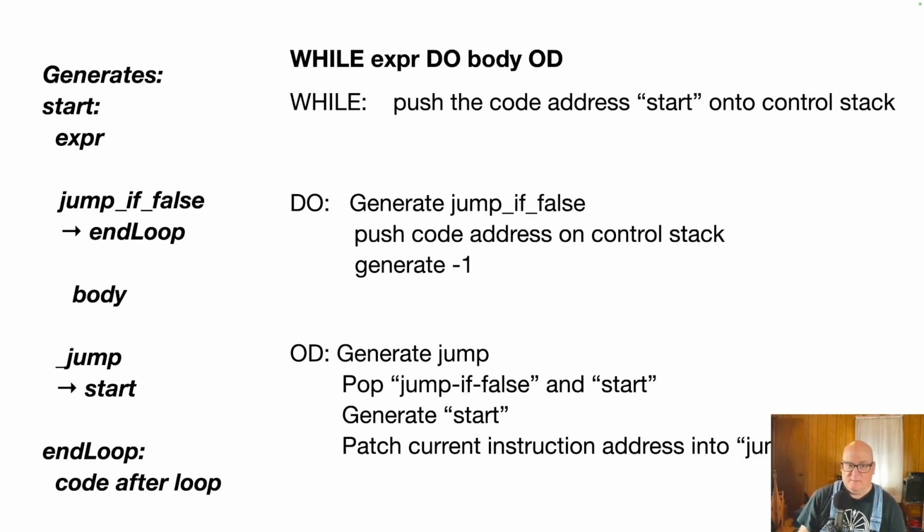So they're similar in that sense. I think the version I had of this before, you had to duplicate the expression at the end of the body and stuff like that. This I think is better, that you get that expression in there for evaluation.